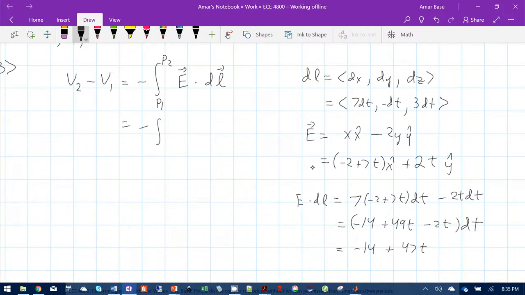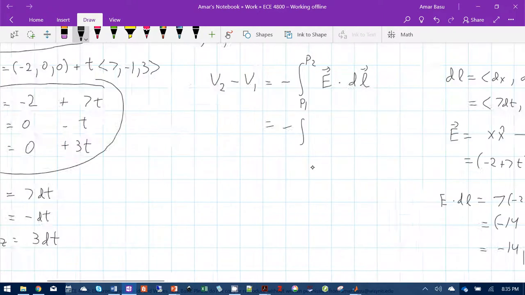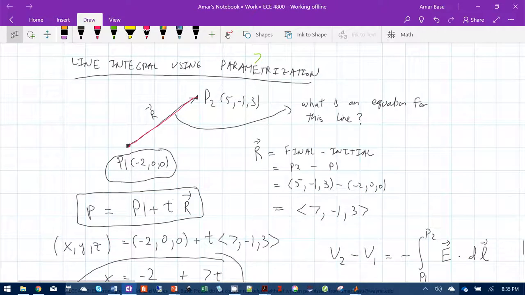When you're going from P1 to P2, what are our limits of integration? We put everything in terms of t. Yes, why is it going to be 0 to 1? That's how we define t. In order to go from P1 to P2, t is going to go from 0 to 1.